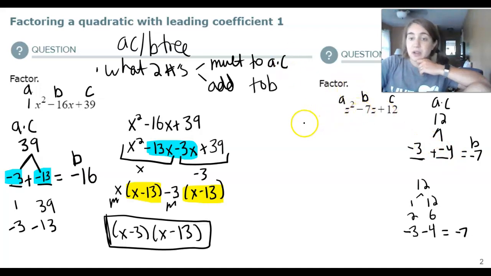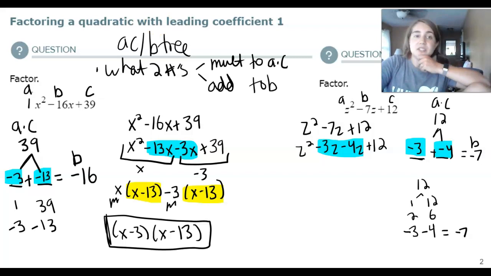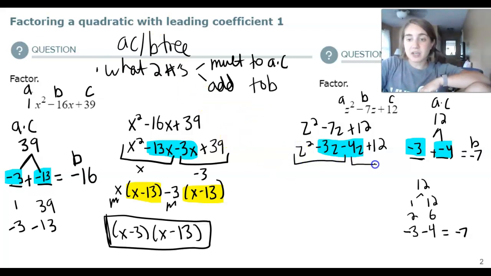I'm going to rewrite negative 7z becomes negative 3z minus 4z. Now I have four terms, and I can do the grouping idea that I've been doing. So I can pull out a z.